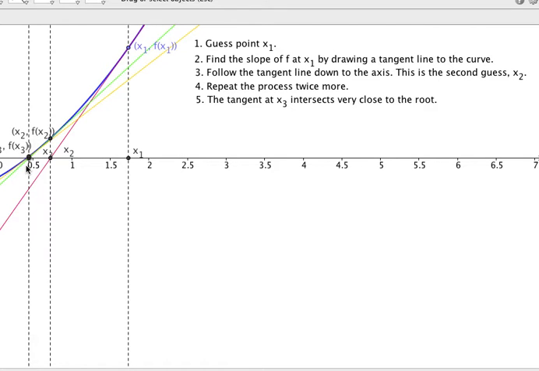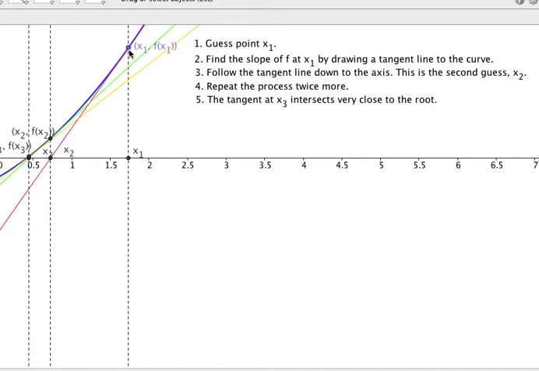So in order to do that, we kind of need to go through how would we actually find a tangent line. So if we start with this x1, we went up here, and we said, okay, we want the tangent line to this graph. Well, to make a line in good old Algebra 1, you need a slope and a point, right? So we know, well, this is our point, x1, comma, f of x1, if we want to just keep it generic.